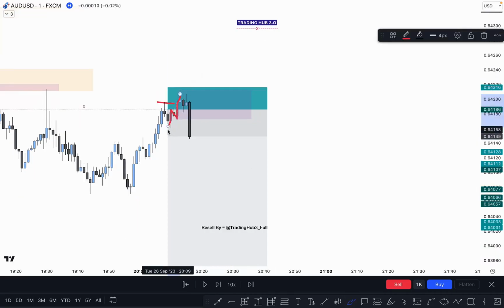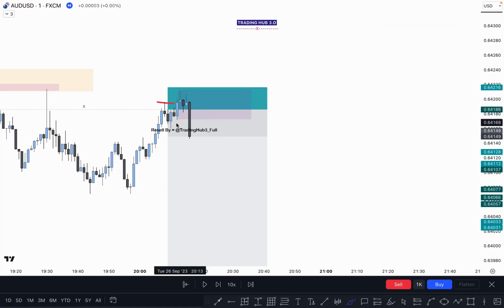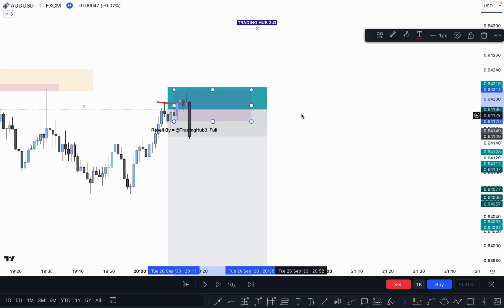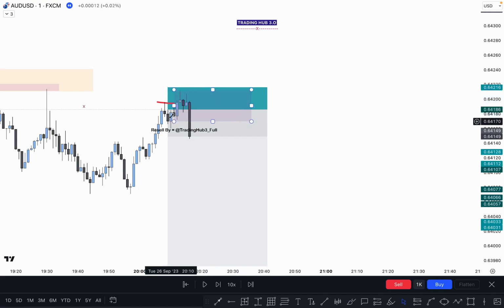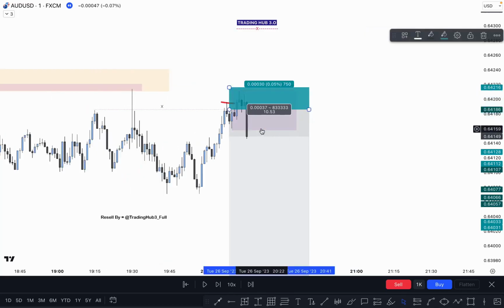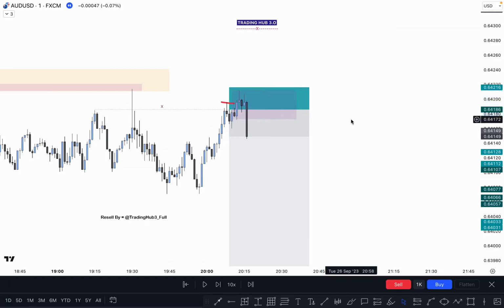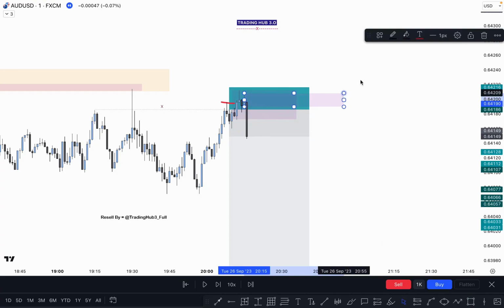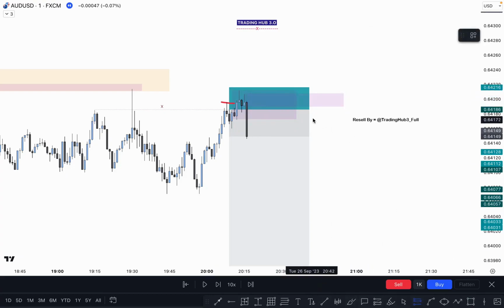If you are thinking why not use this entire zone as order flow, you can use the entire one, but this one's high is broken, that's why we are using this one. For refinement purposes, you can use this one, and this one is our order block entry. So basically we have 3 types of entry.